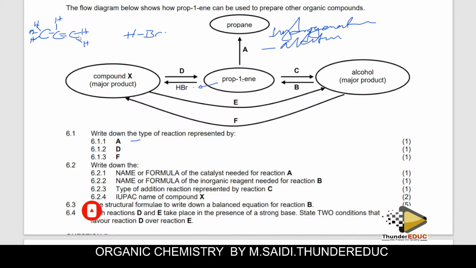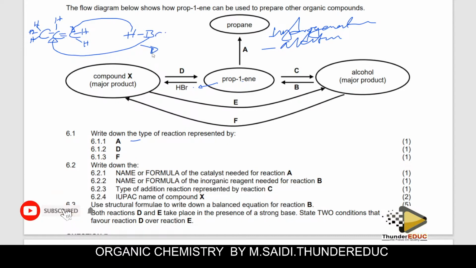Using these two carbon atoms, the carbon atom with more hydrogens is going to take the hydrogen. Therefore, the hydrogen is going to go on this. And then the carbon atom with fewer hydrogens is going to take the halide or the halogen or the OH, depending on which compound you are using.